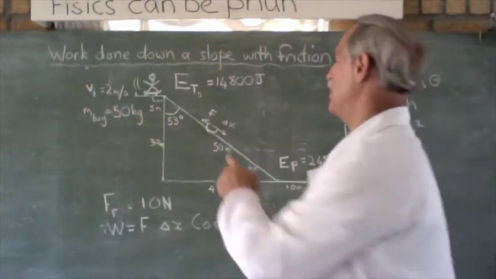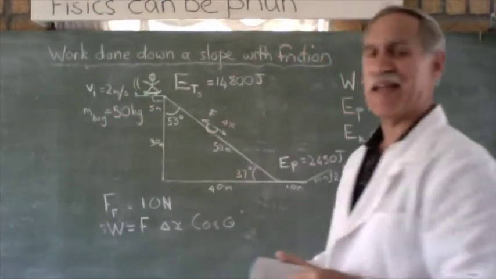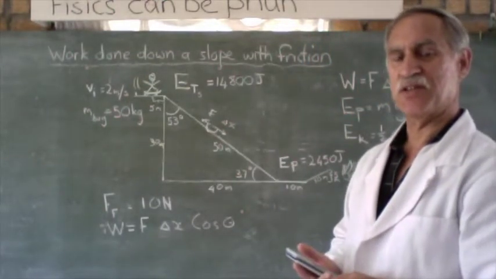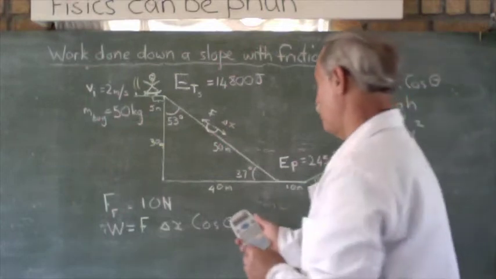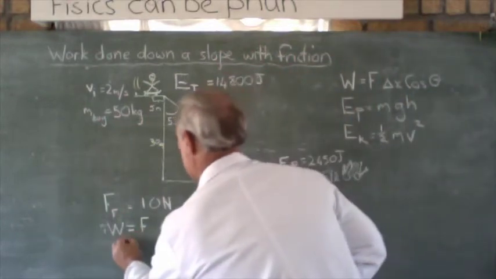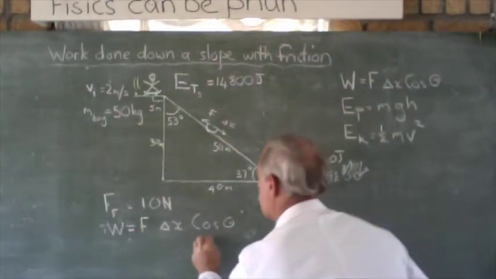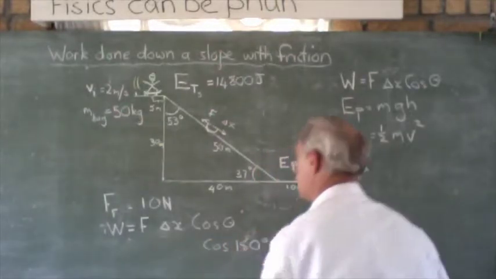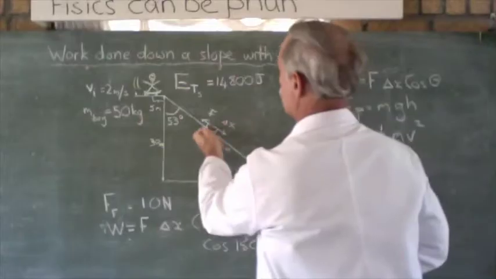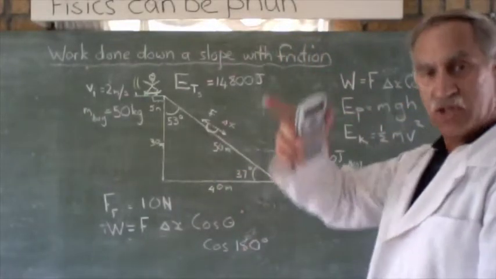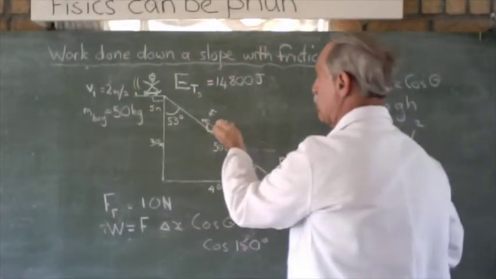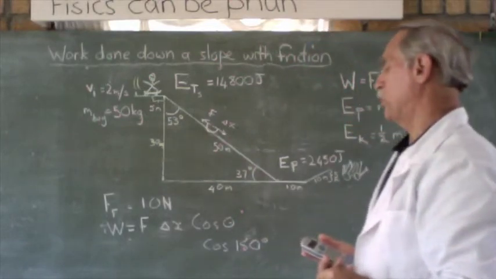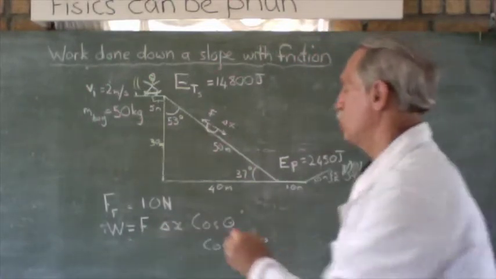So do you understand that frictional force is 180 degrees to his displacement? So therefore we're going to get cos theta as cos 180 degrees. In other words, the angle between his displacement, which is down the slope, and his friction, which is up the slope.